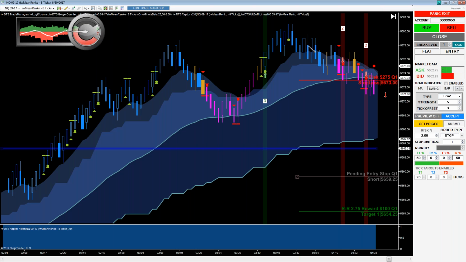He would be constantly measuring the width of the cloud because he knew after a certain point, when the cloud, say, became, well, you can see here it's 10 points, 14 points, when the cloud started to get over 10 points wide, the chances were good that there would be a reversal. So he would then get his sell signal and he would look to short.